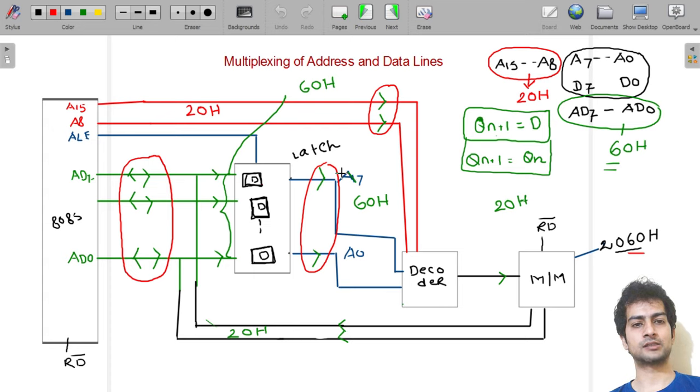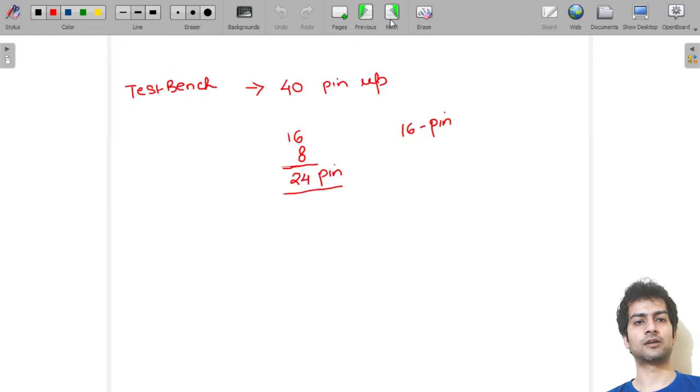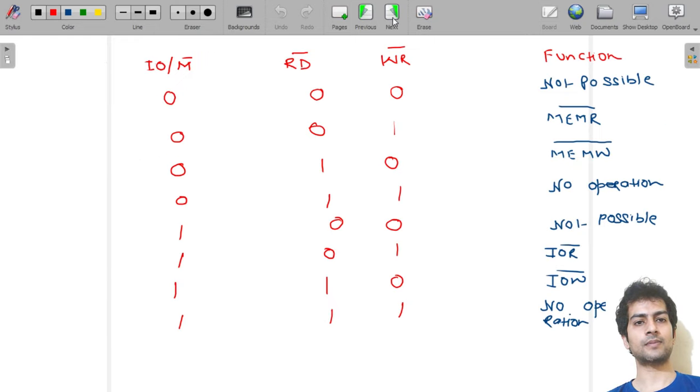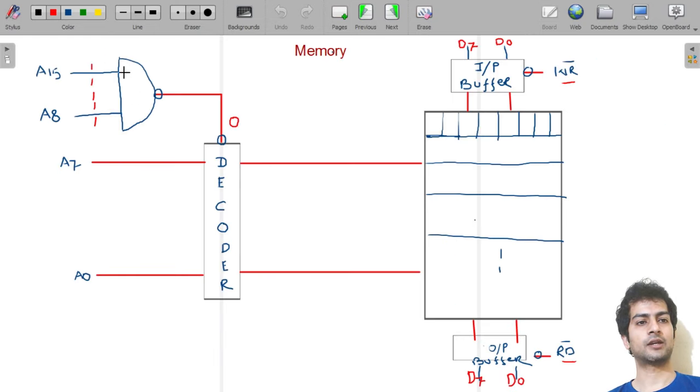But here, just to see, our lower order address line has the lower byte of the address, that is 60H, and then it will come to the decoder. So now you can easily correlate. This is our higher order address line, which has the higher byte of the address, and this is our lower order address line, which has the lower byte.